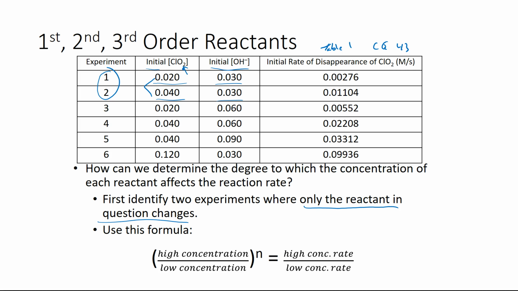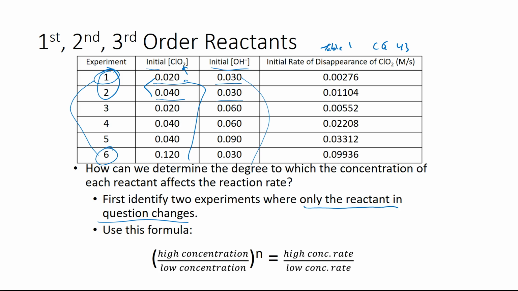Another place we could look is experiments 1 and 6, for example, because we see a change in ClO2, but hydroxide stayed the same. So that's another option if we wanted to know the order of ClO2, because again, only the ClO2 changes while the hydroxide stays the same.